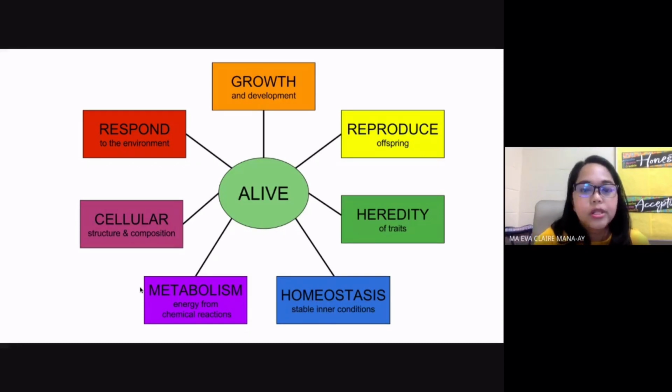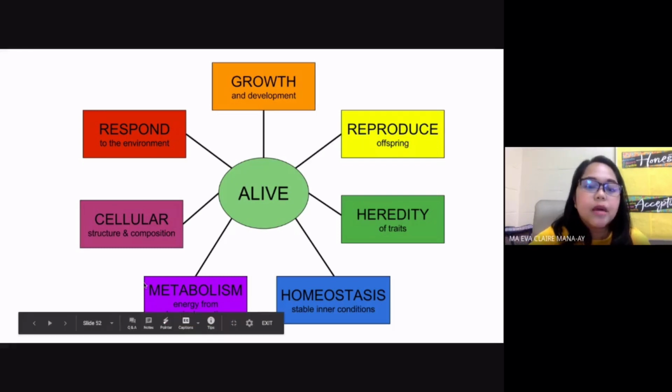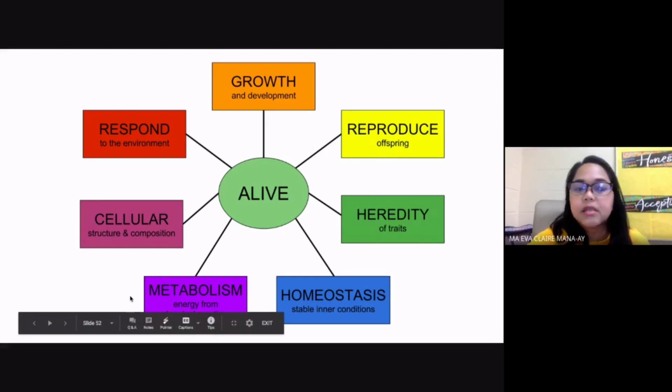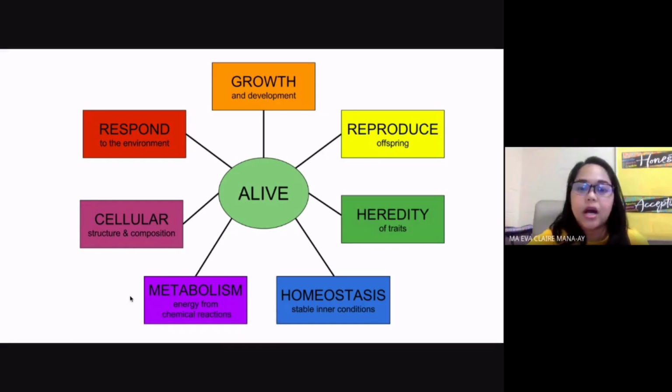Then you also have catabolism, which is the breaking down processes. So again, metabolism means the organism needs energy. It can produce energy from chemical reactions. Of course, we know that this happens in the mitochondria of your cell. That is the process we call cellular respiration. And so this is a very important factor in considering whether something is living or non-living.